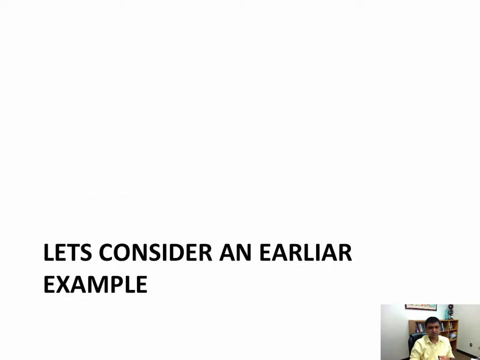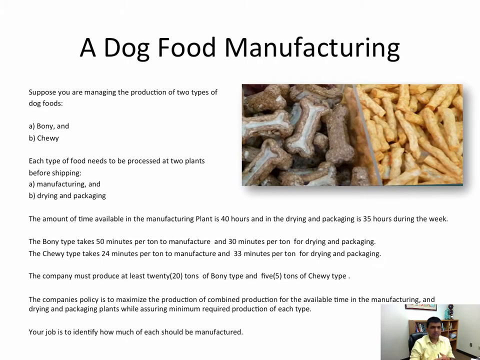Consider an example that we had worked on earlier, and the example is the dog food manufacturing plant problem that we looked into. The production line of this problem produced two types of dog foods, which were bony and chewy, and each type of food had to be processed at two different plants.